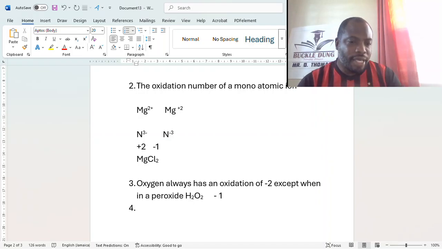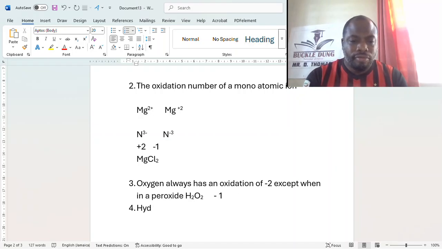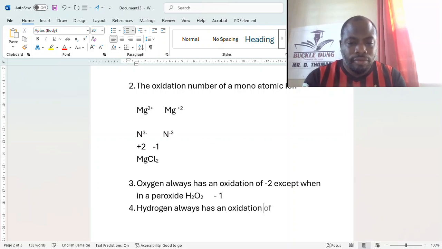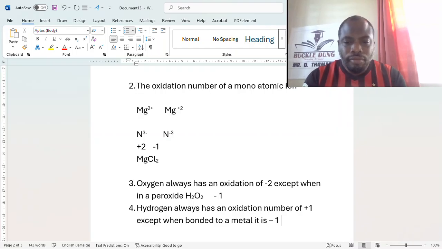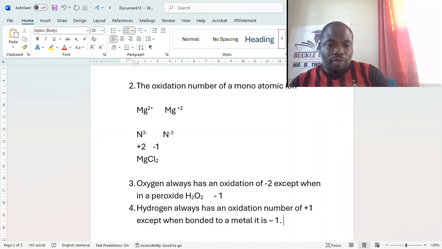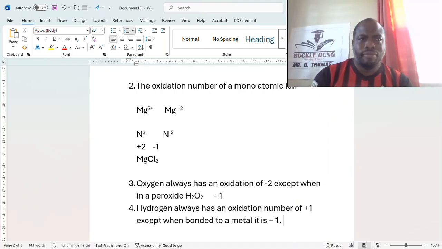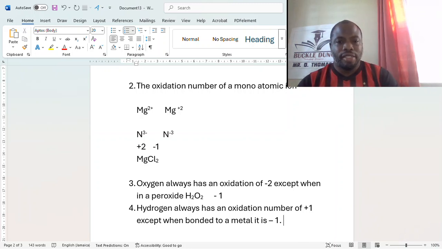And we're going to see how we can deduce hydrogen always has an oxidation number of +1, but if it is bonded to a metal, it's going to take on a -1 charge.